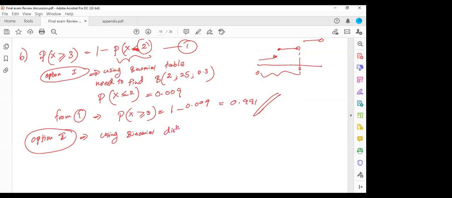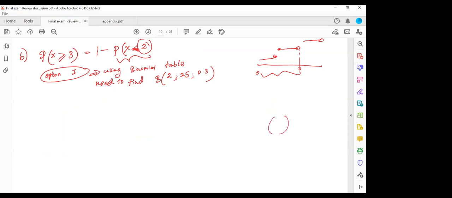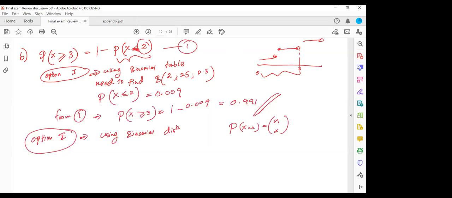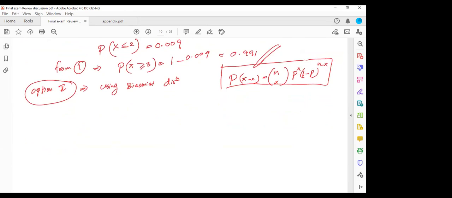Do you remember the binomial distribution, which is the probability of x equals x, n choose x, probability of success to the power x, times 1 minus p to the power n minus x. This is the binomial distribution. So you can use this to figure out what is going on here.